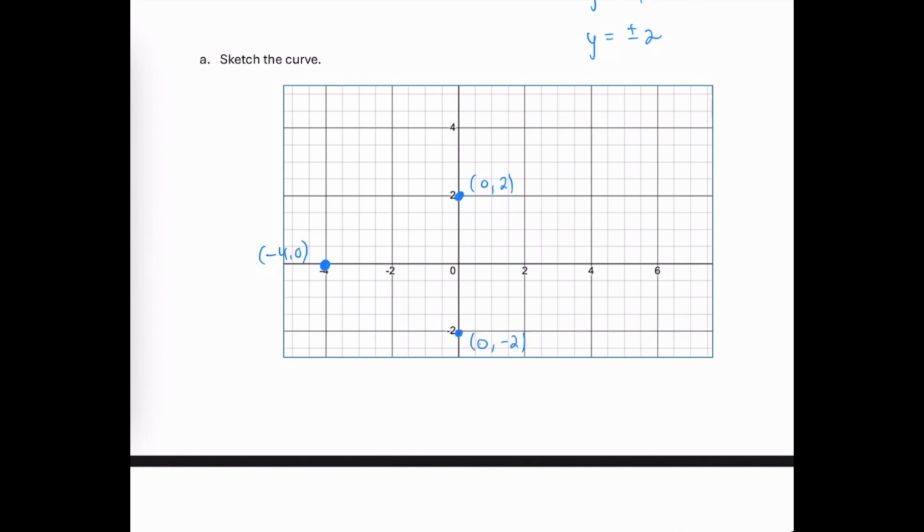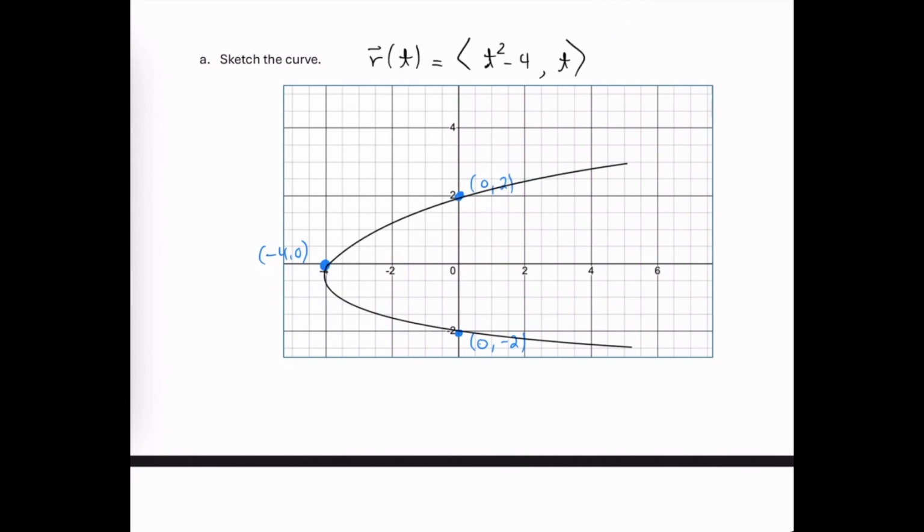And this is enough for me to get a basic graph of my parabolic path. And we could do a little better with our graph here to get the orientation, and we could do that by simply plugging in a couple of values for the parameter. If t is equal to 0, we end up with the vector output (-4, 0).